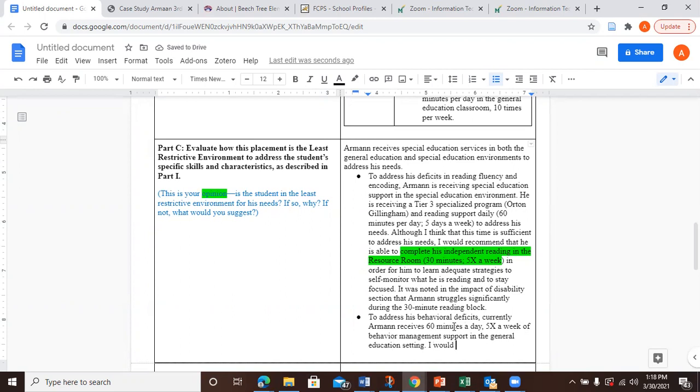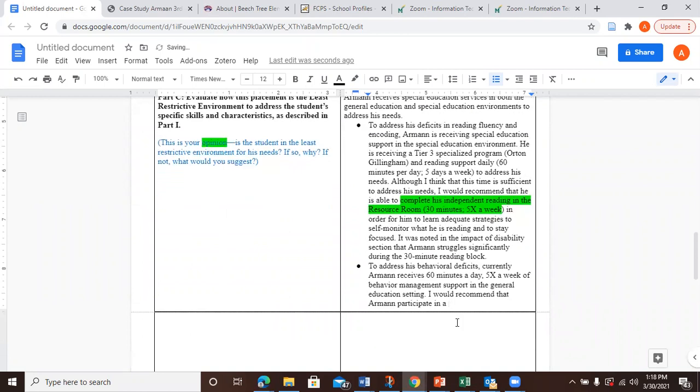Personally, I would recommend that Armand participate in a tier 2 intervention in the special education setting in order to learn strategies to help his impulsivity that impacts his behavior.